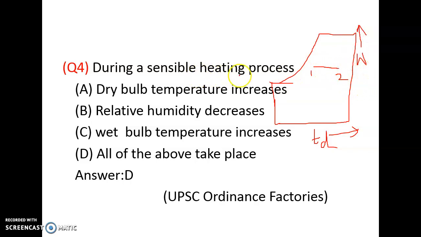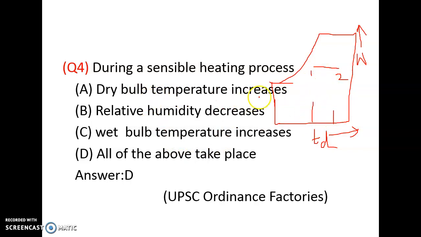That is called a sensible heating process. In the sensible heating process, dry bulb temperature increases, relative humidity decreases, and wet bulb temperature increases. Dry bulb temperature increases from here to here.